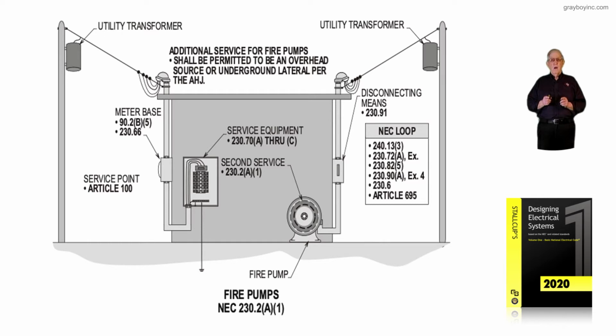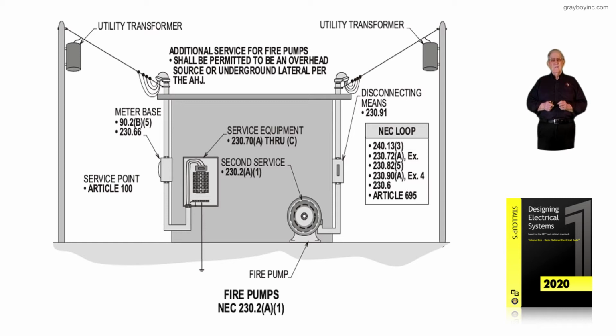They may require the additional service for the fire pump to be an underground service. So the designer using 230.2(A)(1) to provide at the facility an additional service should check with the authority having jurisdiction, who will check with the utility company. And when everything has been approved, the service could be added.